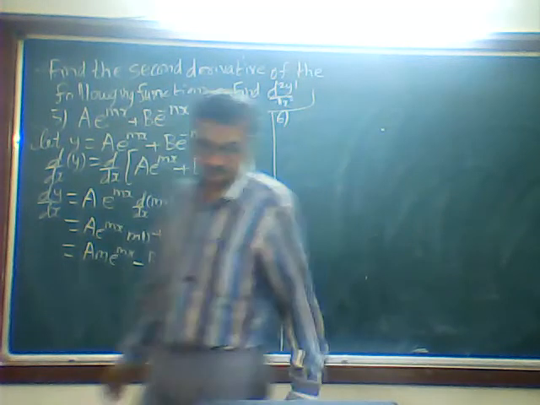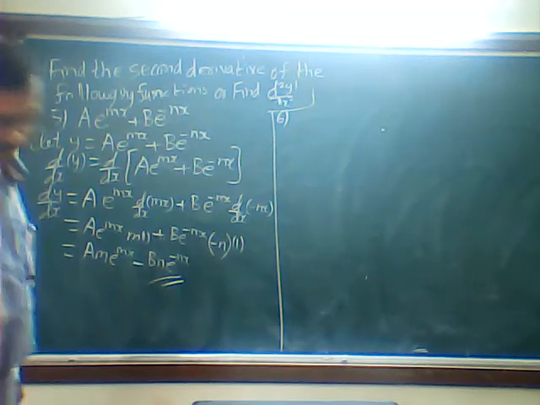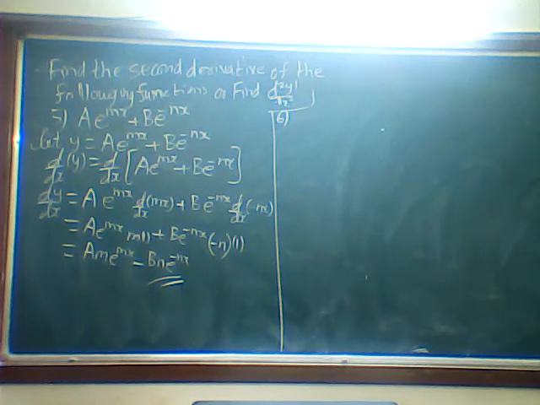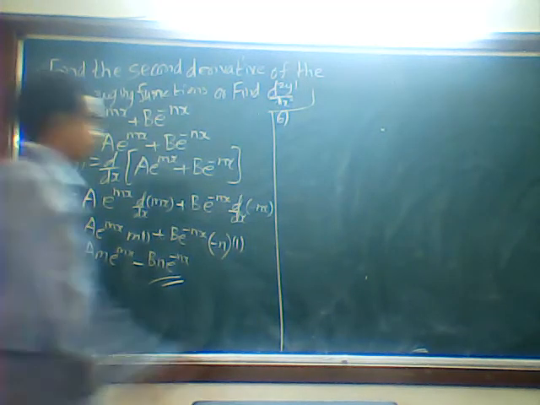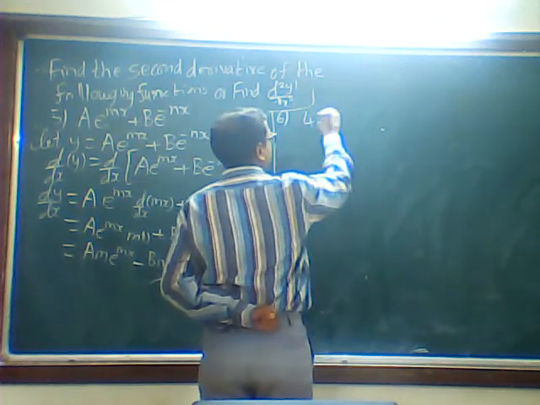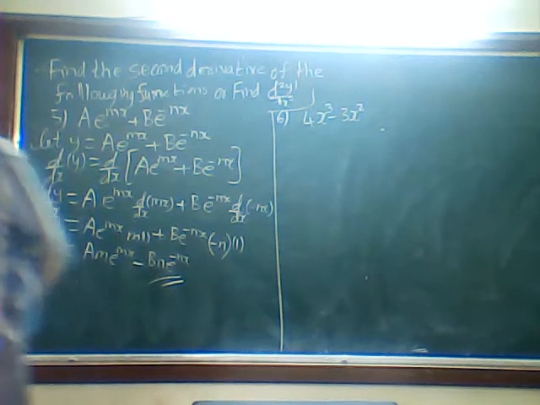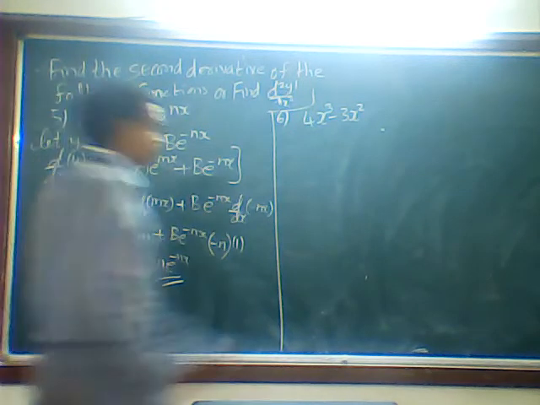Sixth problem. Four x cube minus 3x square plus 2x minus 1.